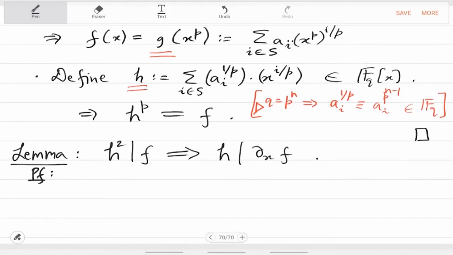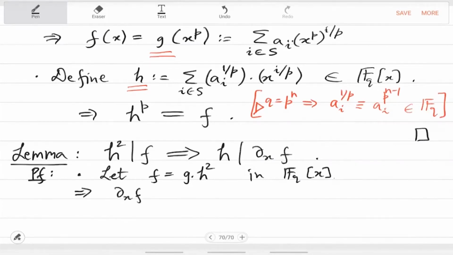This is something that you must have seen in school when you learn the derivative operator. So let f be g times h square. f factorizes this way in Fq[x]. If you apply the derivative operator, how do you expand the derivative of a product?